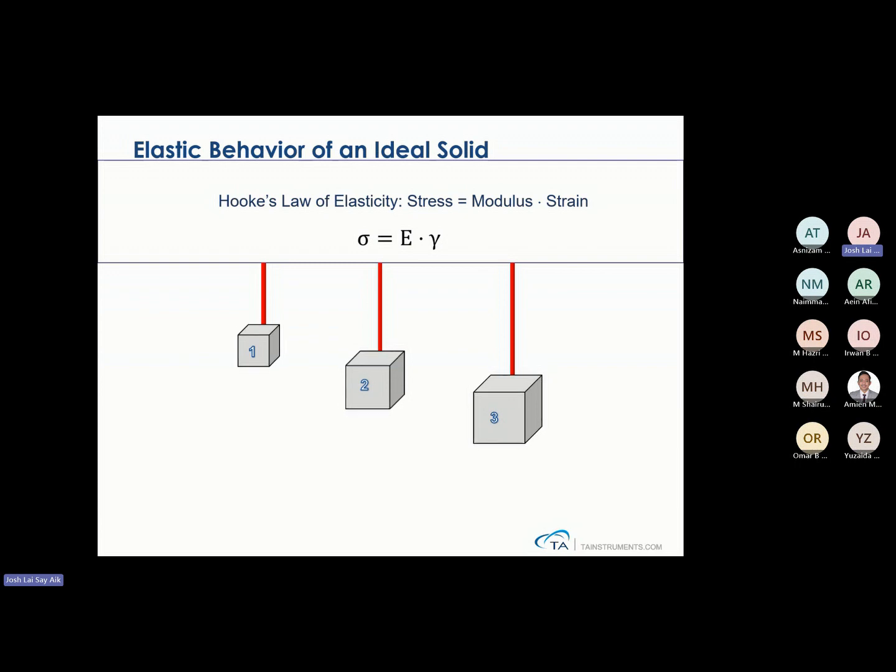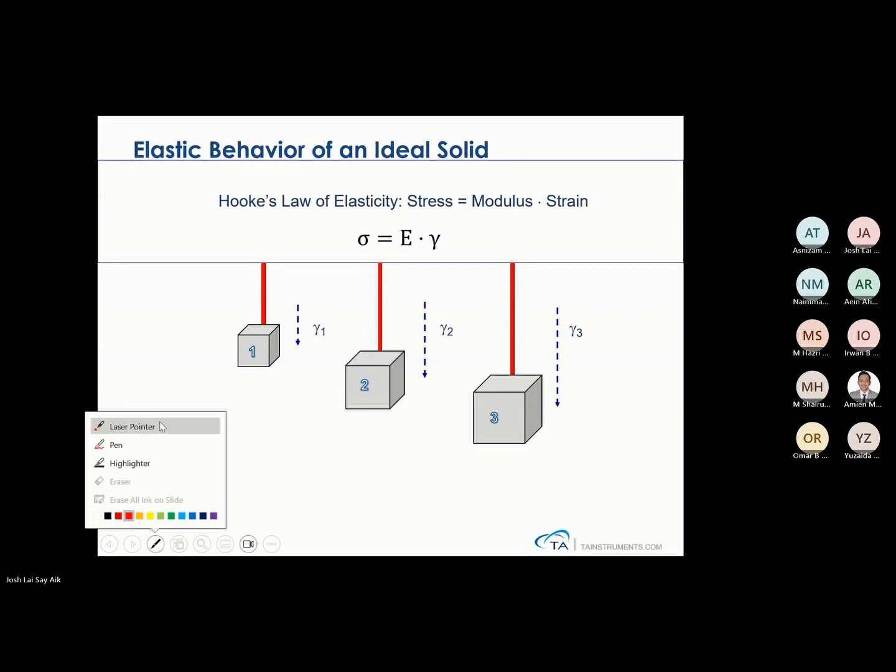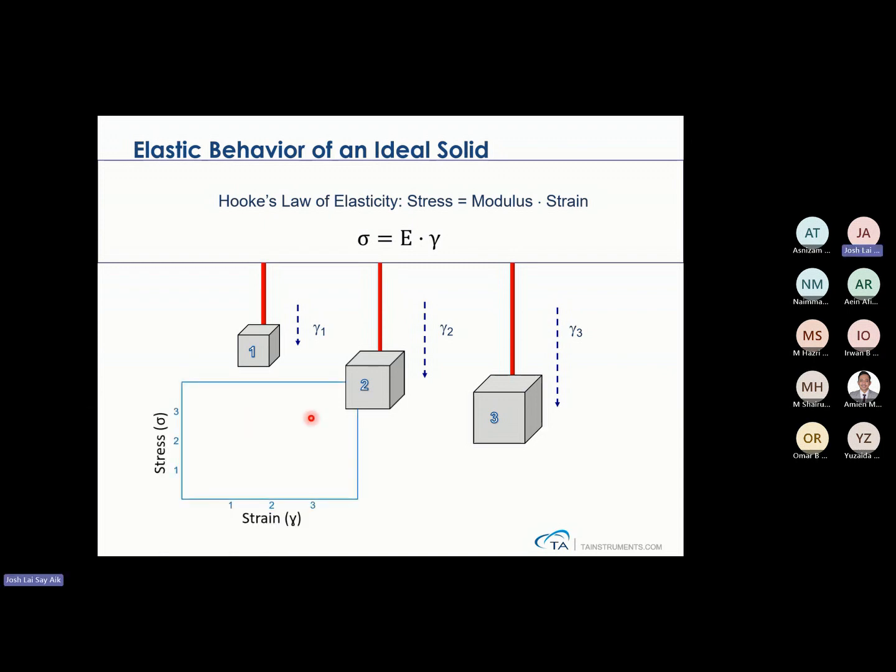The third is heaviest, followed by number 2 and number 1. So you have a typical strain, which is gamma. When I plot a graph of stress and strain, we are going to have a single modulus. So this is an ideal solid material, like a spring.